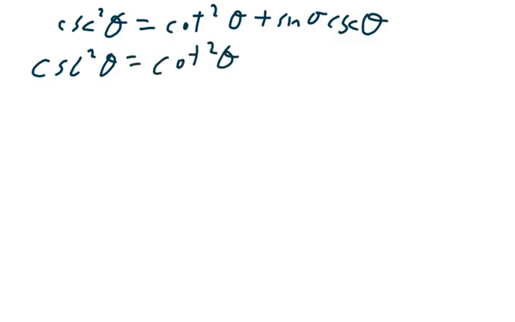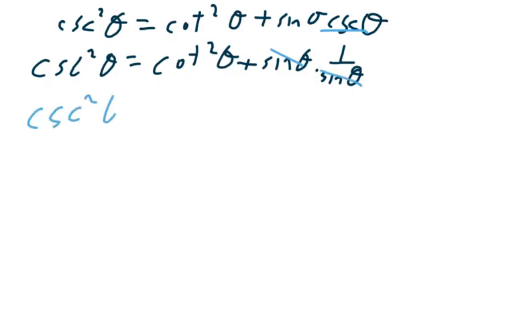We got cotangent squared plus sine theta times 1 over sine theta. And so in this particular part of the problem, because cosecant changed to be 1 over sine theta, I'm going to cancel out the sine thetas.